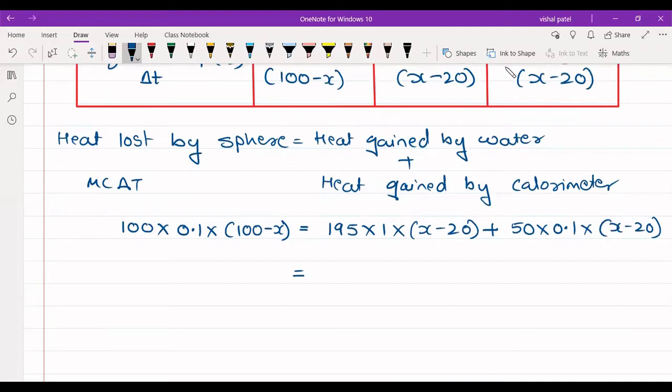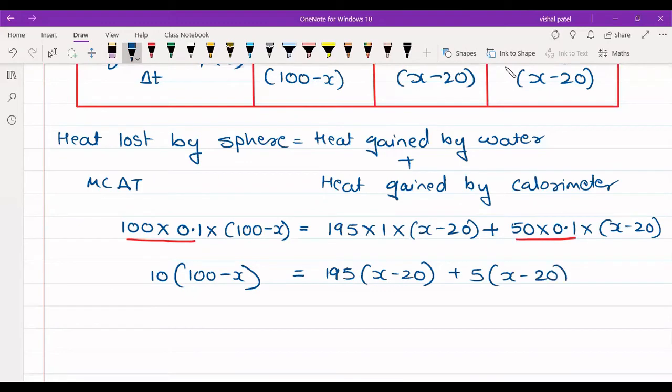Now just solve. See students, 100 into 0.1 is 10, bracket 100 minus x, equals 195 only, x minus 20, plus 50 into 0.1 is nothing but 5, x minus 20. I'll open the bracket: 1000 minus 10x.